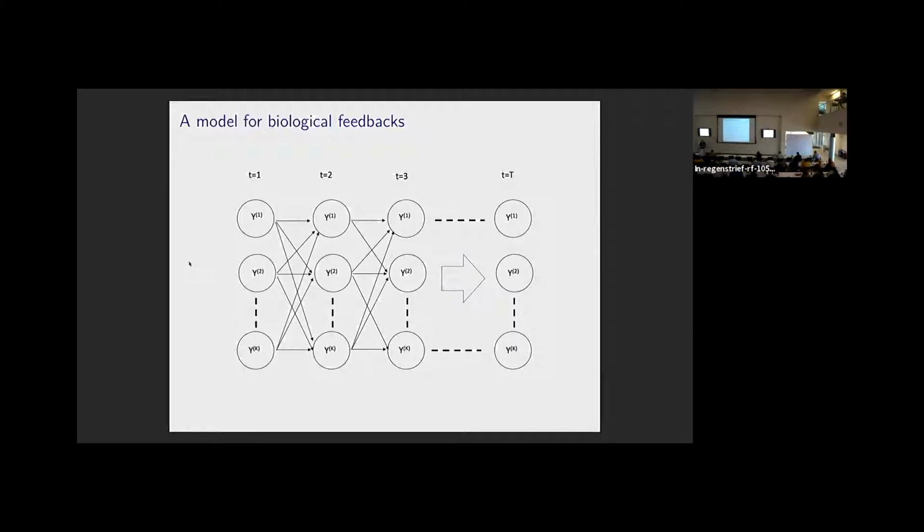And then I can do the same thing for Y2 and the same thing for YK. The feedback is actually what you will see starting from time 3. So that you can see again, Y1 is now influenced by Y2, Y3, and YK.